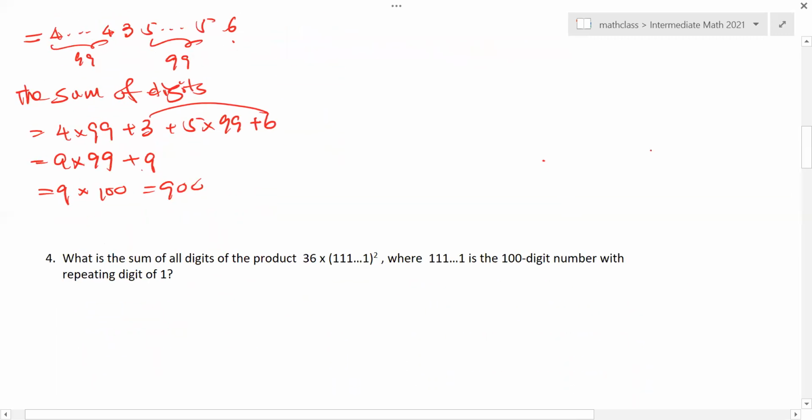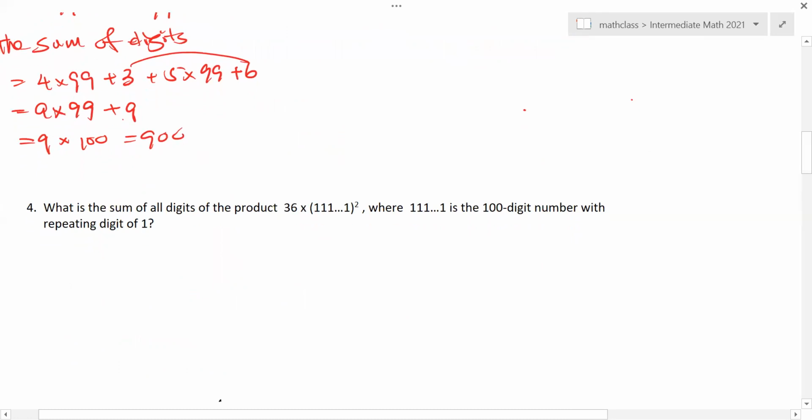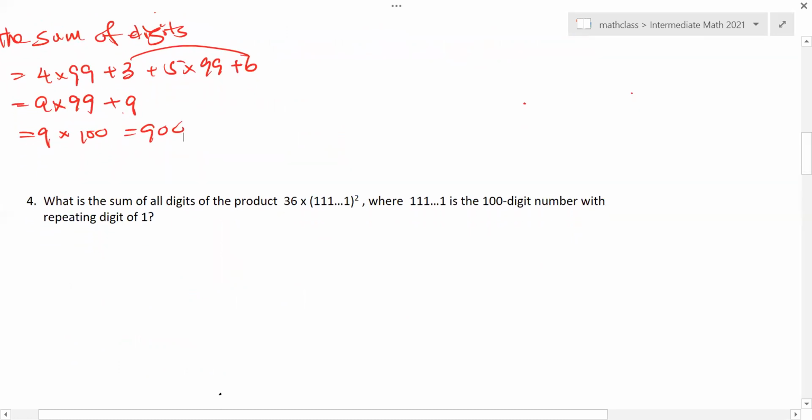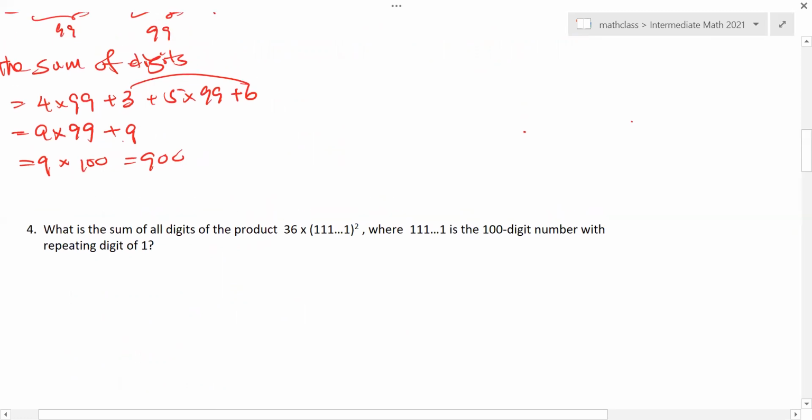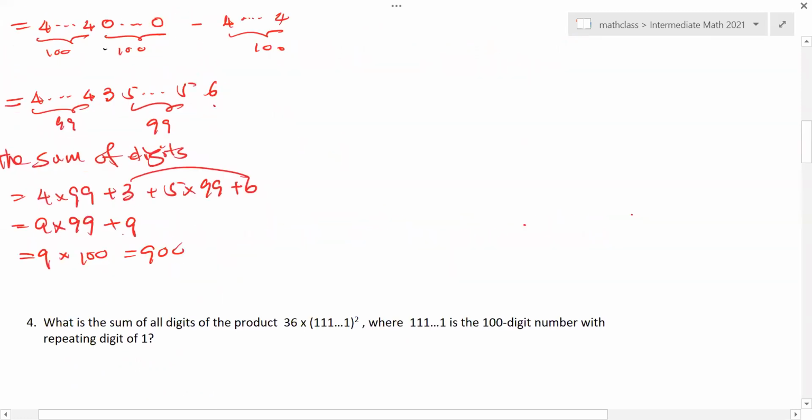All right, so now let's take a look at the next problem. The next problem is similar to the above problem. Think about it.